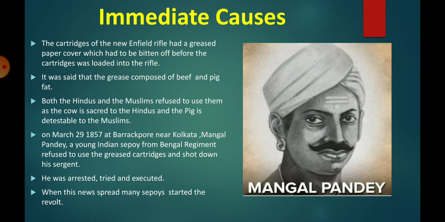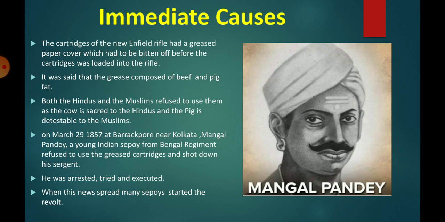There was a rumor that before loading the cartridge, one should bite the top portion of the cartridge, and the top portion of the cartridge was made of cow's or pig's fat, beef or pig's fat.